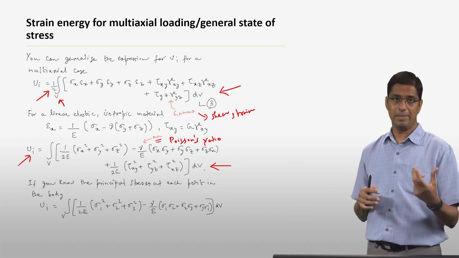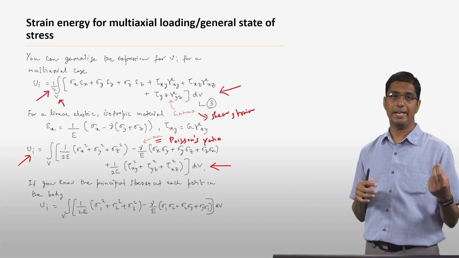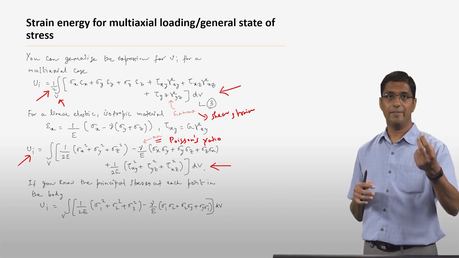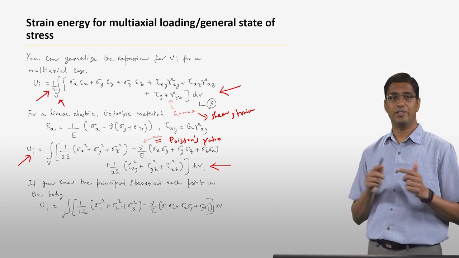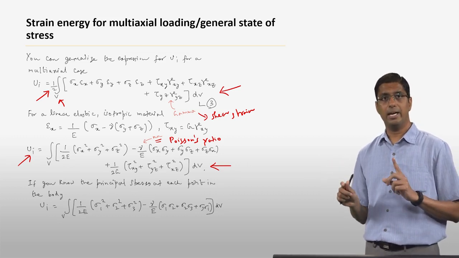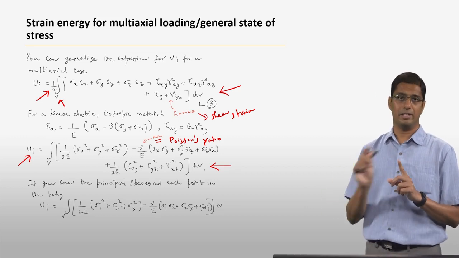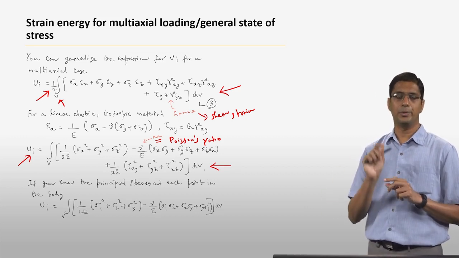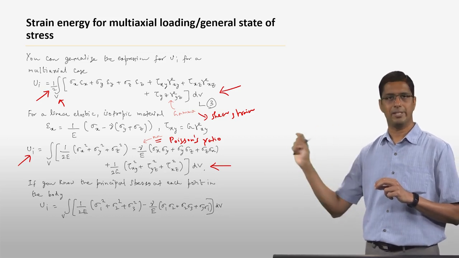Whereas the displacements due to epsilon y and epsilon z are going to be in the y direction and the z direction, which is orthogonal to the x direction. So if the force is in one direction and the displacement is perpendicular to it, then that force does not do any work. That is why you don't have a term which is sigma x times epsilon y or sigma y times epsilon z.